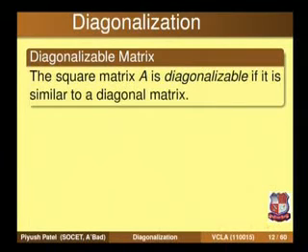So we can define it like this: a square matrix A is said to be diagonalizable if it is similar to a diagonal matrix.